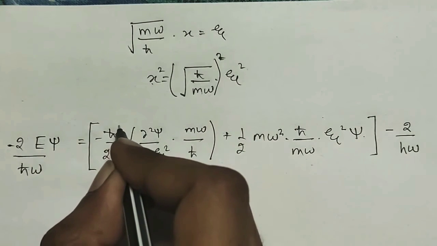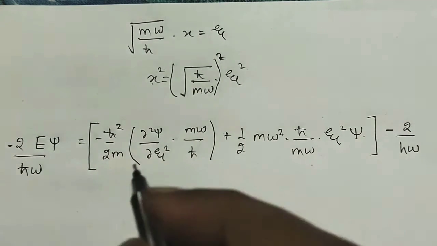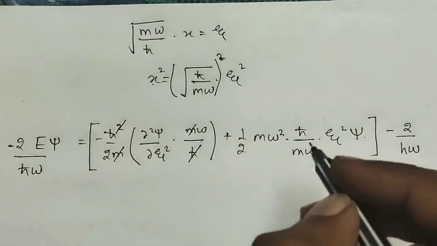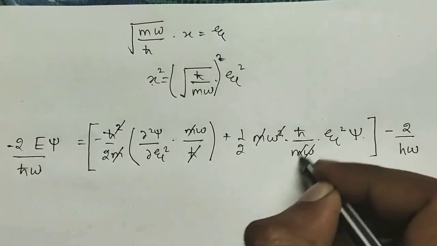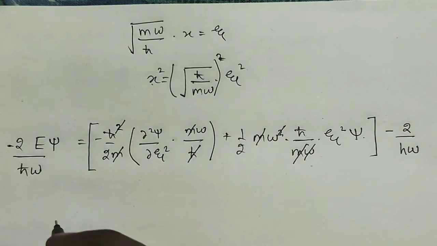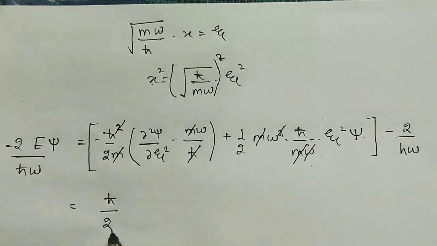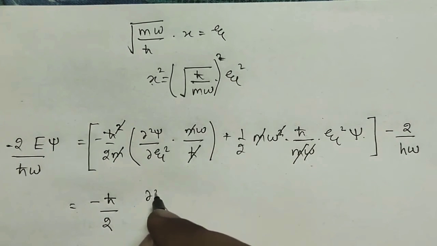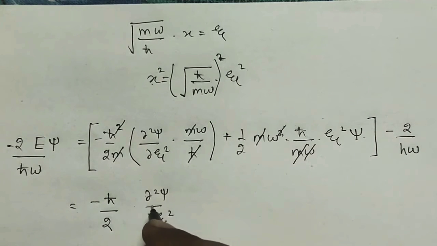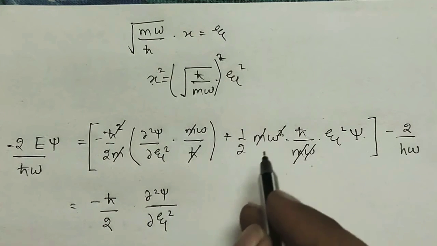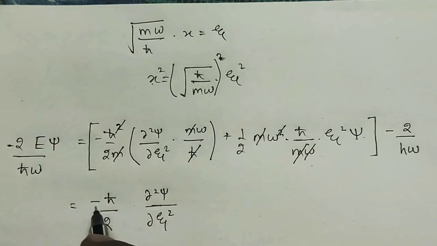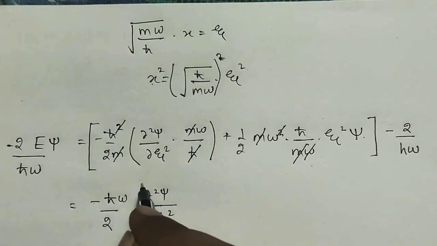And like this is ħ², this ħ can cancel this ħ, m to m, ω to ω, m to m. Now we have left ħ/2 minus ∂²ψ/∂j² times ω, and from this ω I can take −ħω/2 as a common.